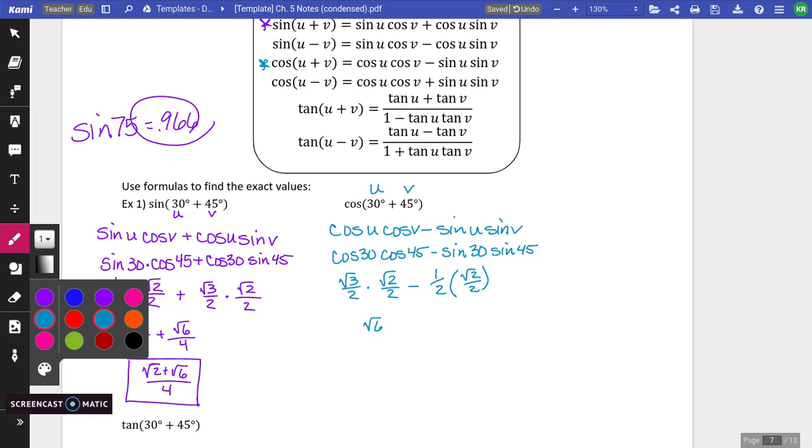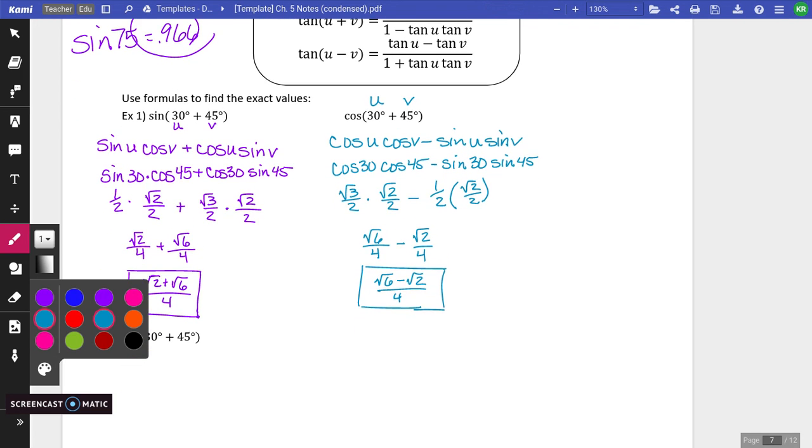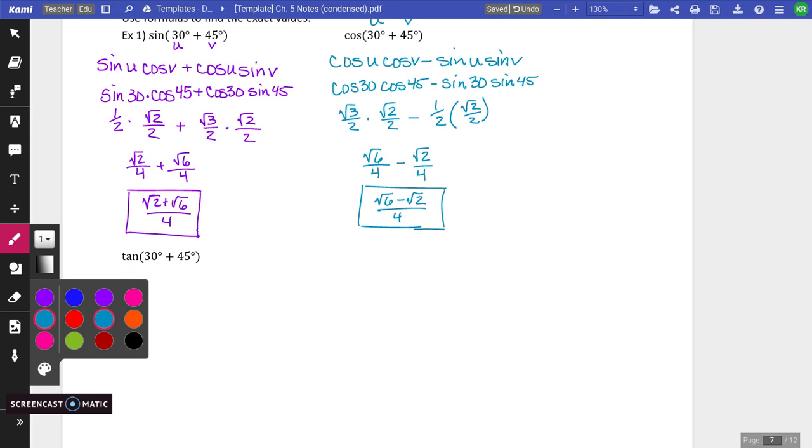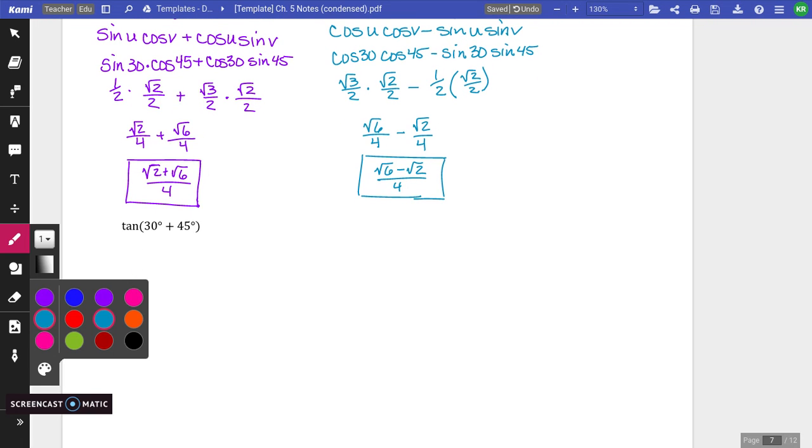So this is square root of 6 over 4 minus root 2 over 4, or root 6 minus root 2 all over 4. Okay, again, you could do cosine of 75 degrees and then compare that to the decimal version of this fraction, and you'll see that that's the exact value.